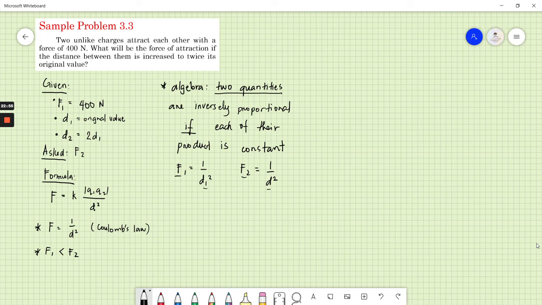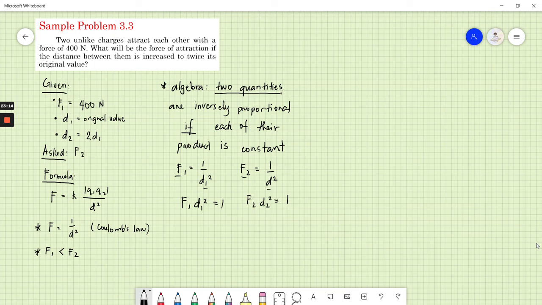What we mean by that is F1 multiplied by d1 squared is equal to 1, and F2 multiplied by d2 squared is equal to 1, meaning these two should basically be equal or constant.